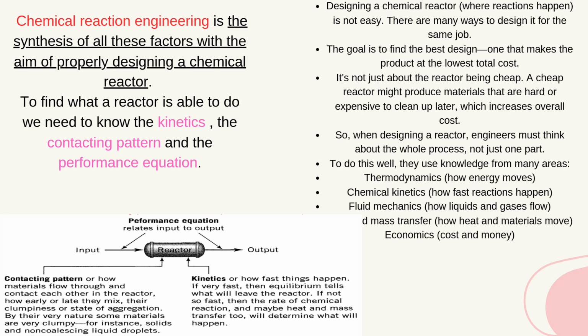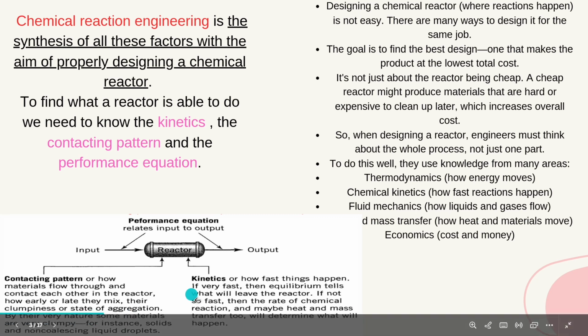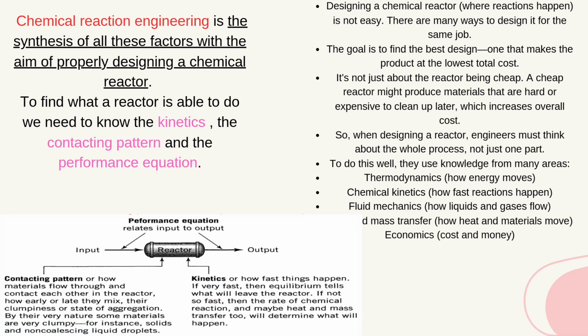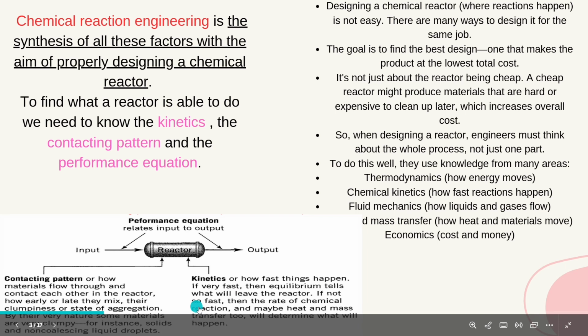Clumpiness means the material doesn't dissolve or mix, like solids and non-coalescing liquid droplets. Then kinetics, or how fast things happen. If very fast, then the equilibrium tells what will leave the reactor. And if it's slow, then the rate of chemical reaction and mass transfer will determine what will happen.